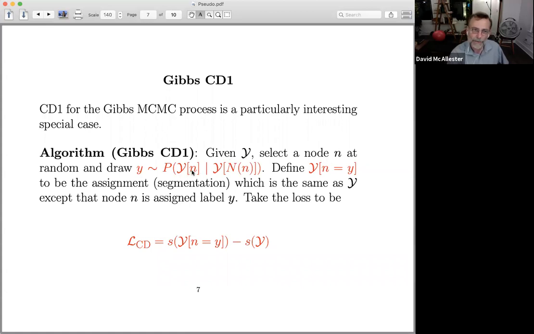We're taking the color of node n from the conditional probability given the other colors. So you can see that this is, in some sense, like pseudo likelihood. And y with that node set to the value drawn here is our bad label that we're going to try to move away from and move toward the good label: reduce this score and increase that score.